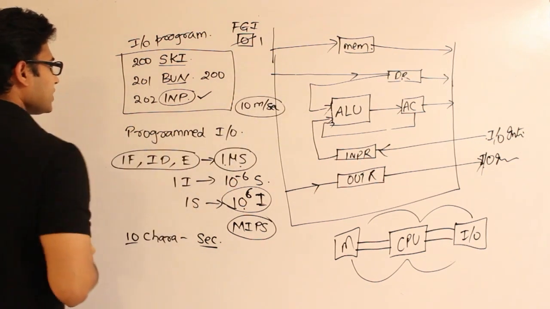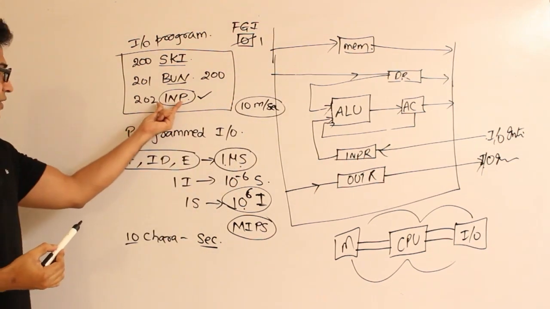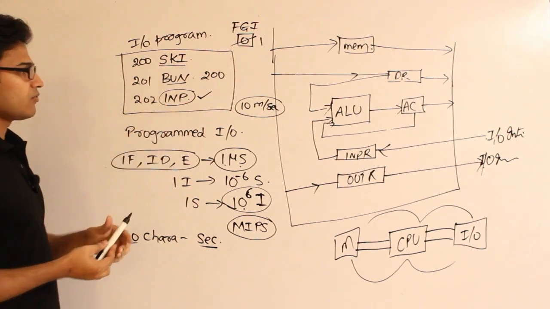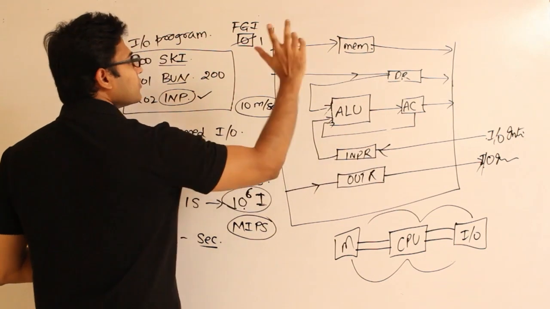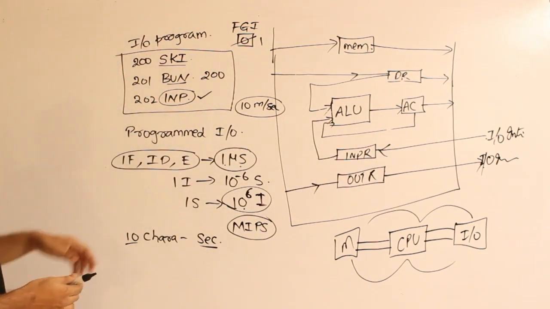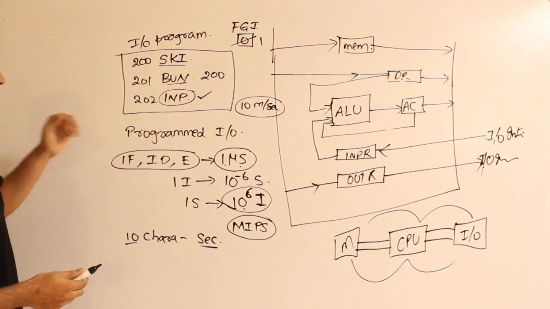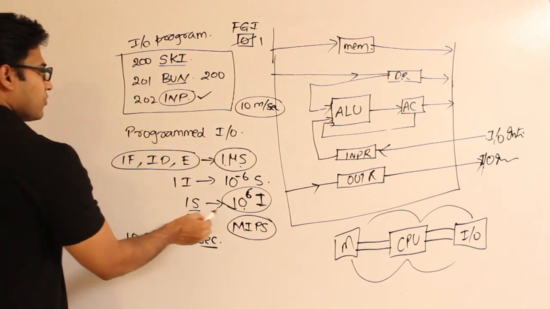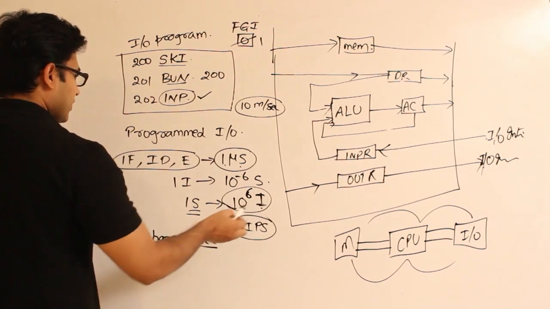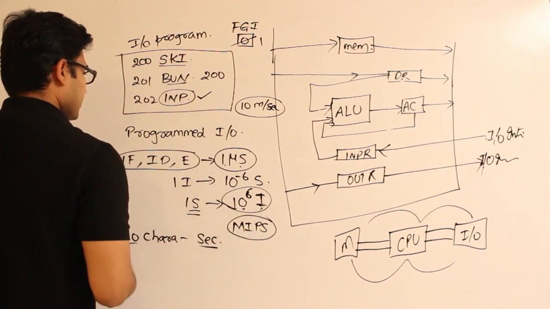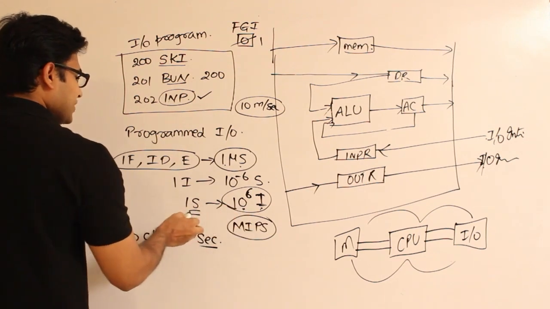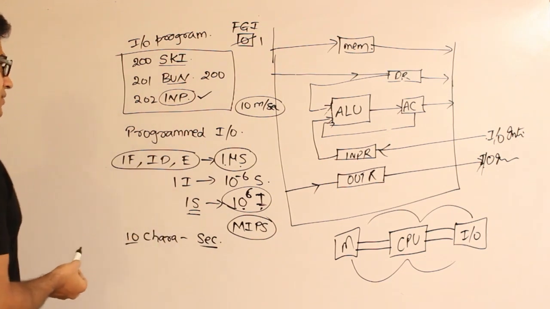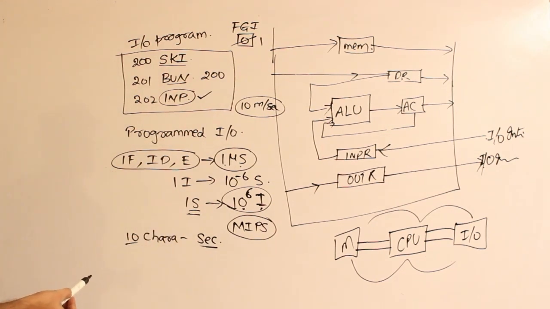Isn't it? So try to understand this. Using this particular instruction, I could easily read 1 character from this input register into the ALU, right? Now I have shown you that in 1 second I could perform 10 power 6 instructions. If every instruction is able to read 1 character, it means that in 1 second I have a capacity to read 1 million characters, but then input is being provided very slowly.